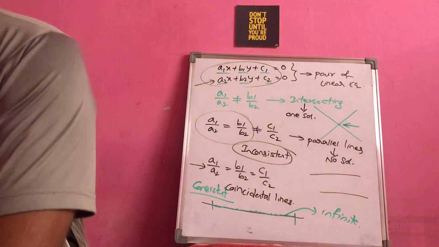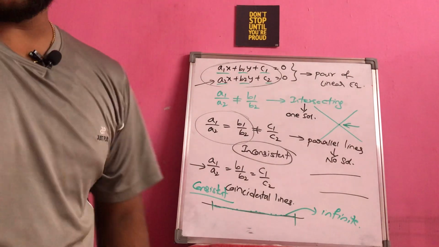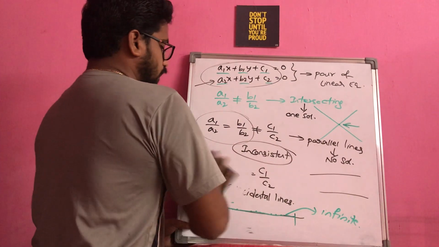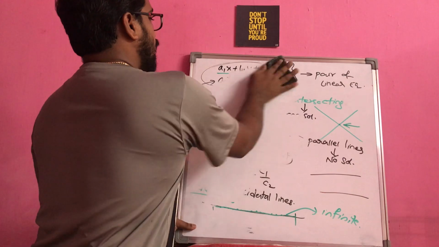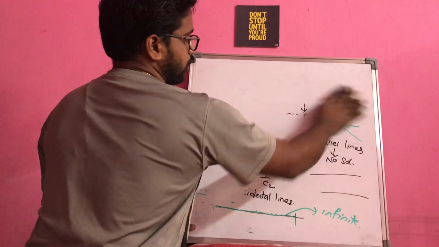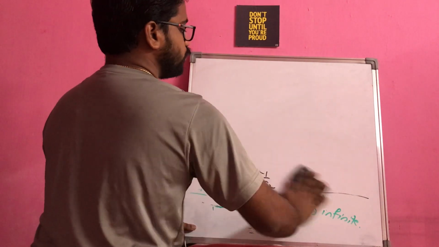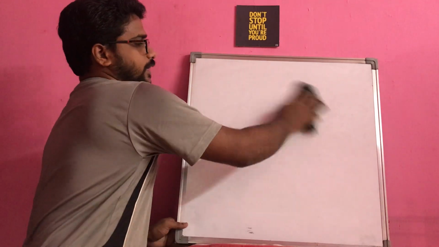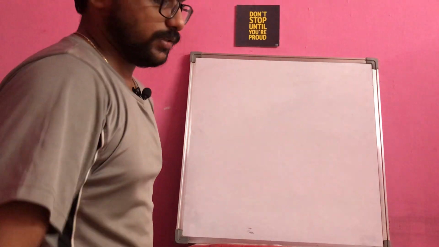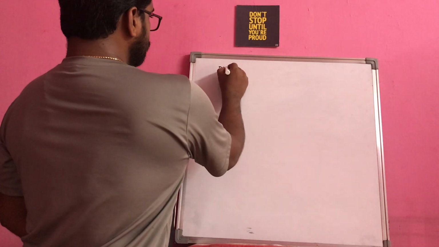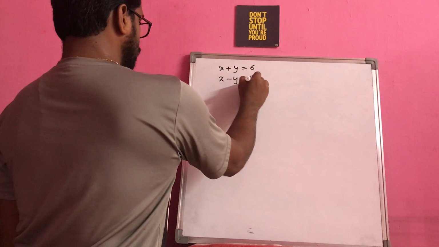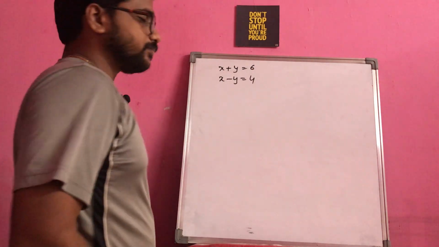Okay. So now let us do a few questions by just application of this part, whether we are able to identify the common solution or not. See, for example, if I give you an equation like this, x plus y is equal to 6, x minus y is equal to 4.